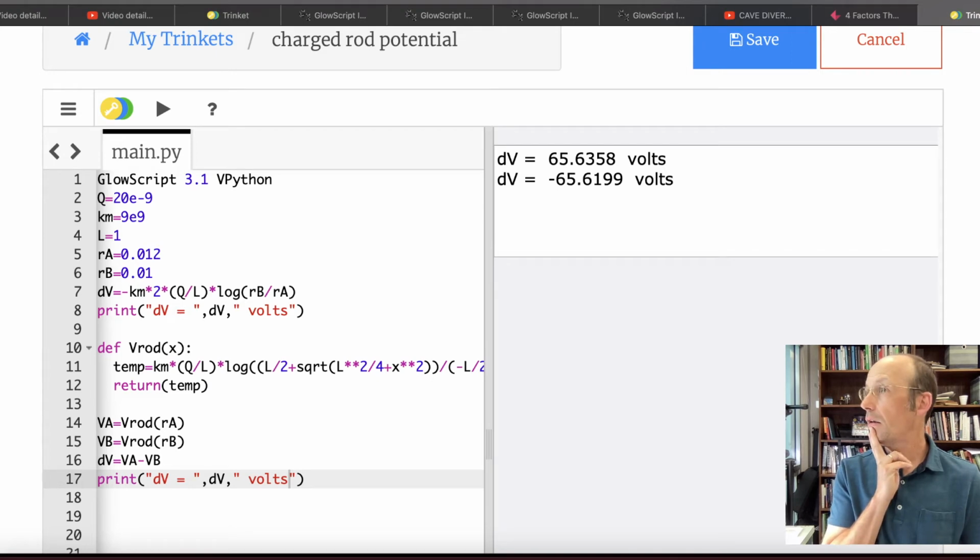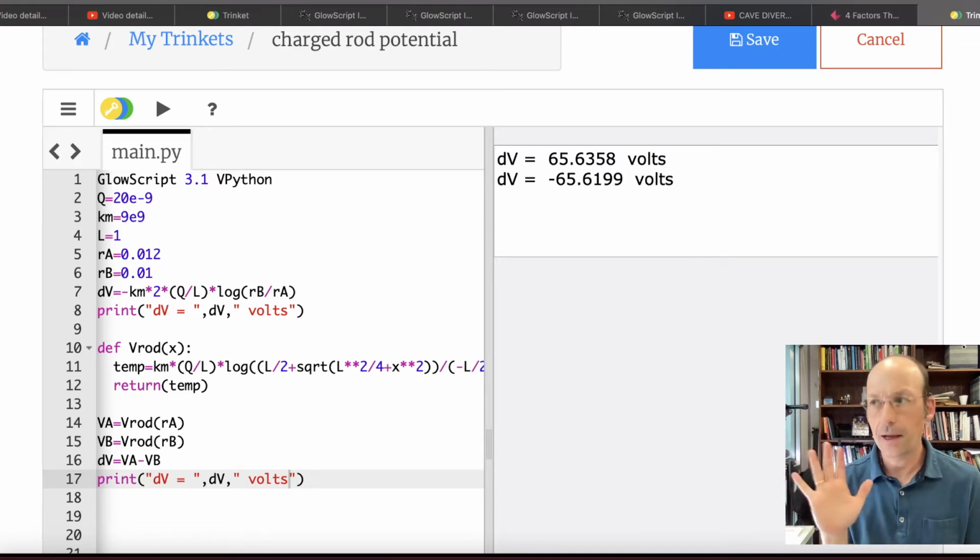I think maybe I was right the first time. But if you're going uphill, if you're going against the electric field, it should be a positive change of potential. Maybe I got these RAs and RBs backwards. That's maybe what I did. I'm going to let it slide. Okay, it's a minus sign error.